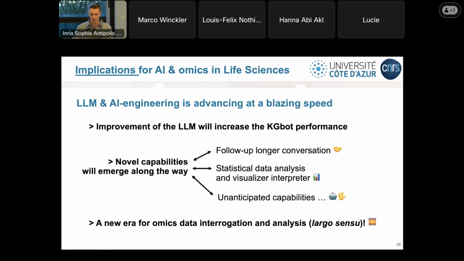And finally, some perspective. At the time, we used GPT 3.5, then quickly GPT-4 that performed way better for the prompt engineering part. There will be new developments in the near future, so it's going to be interesting how we can leverage both this OpenAI model, but we can likely leverage other more open models in the near future.